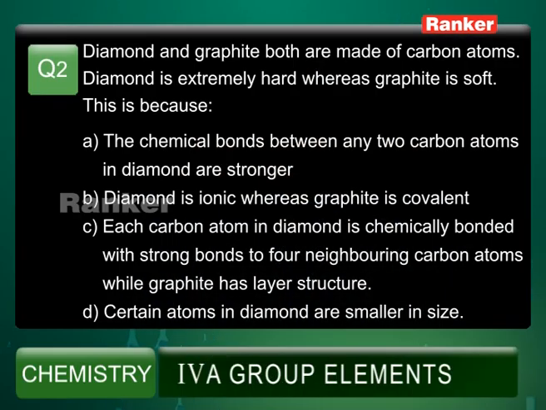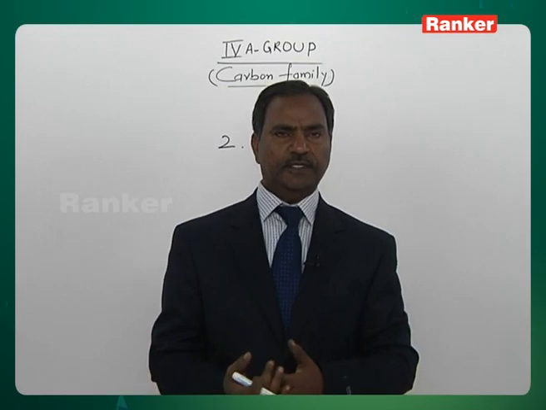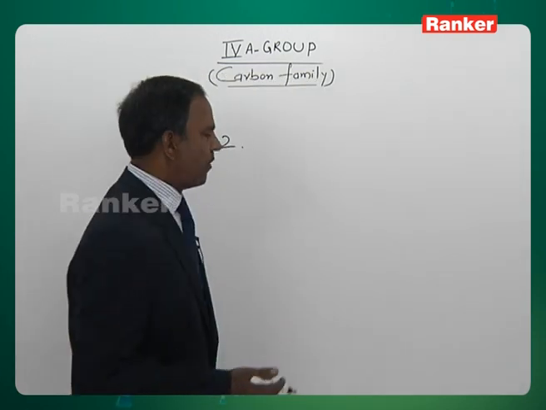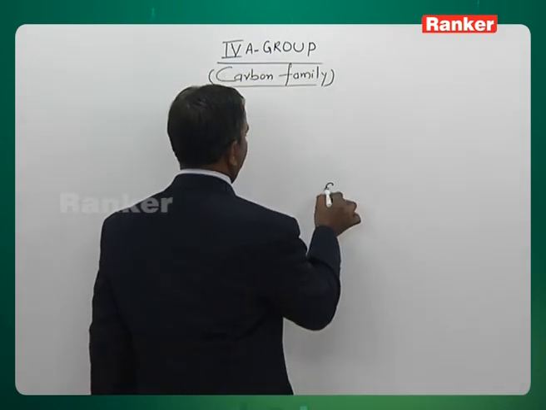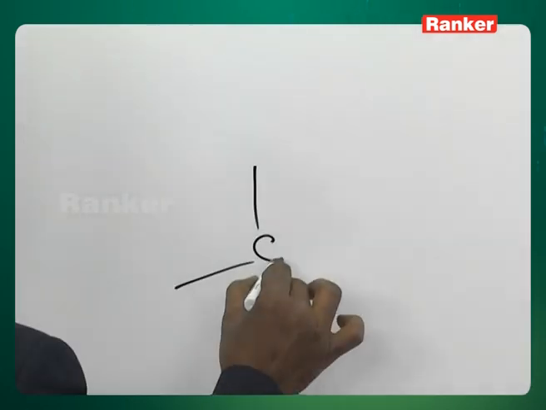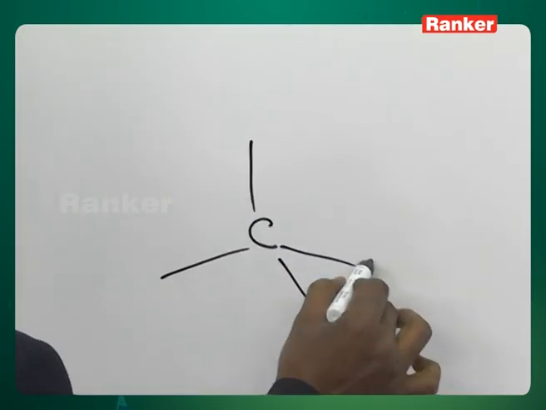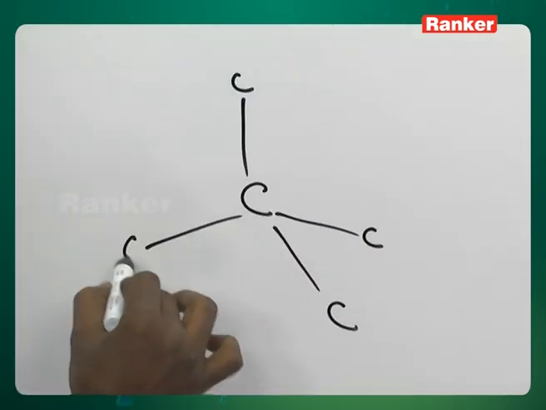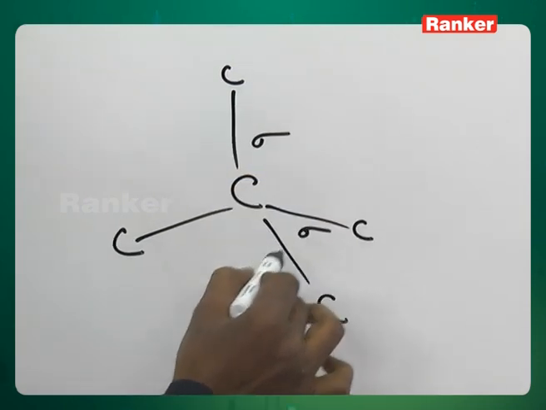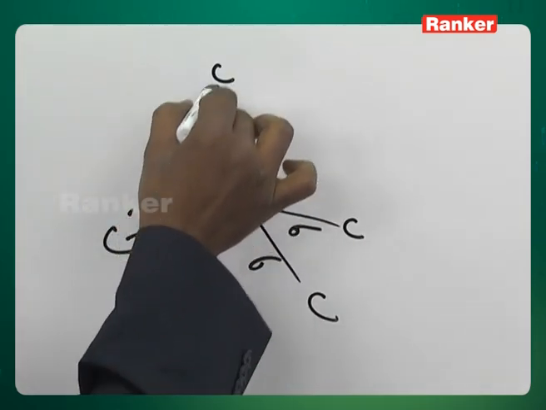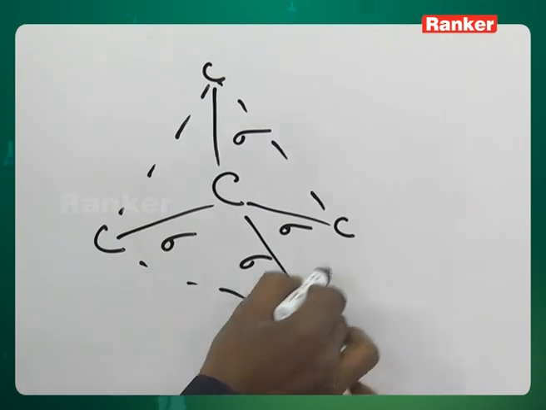They are non-polar. Next: each carbon atom in diamond is chemically bonded with strong bonds to 4 neighboring carbon atoms, while graphite has a layered structure. Yes, in diamond, each carbon atom is linked to 4 neighboring carbon atoms by strong covalent sigma bonds in a tetrahedral geometry.